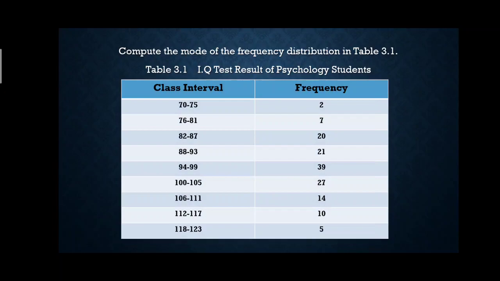The frequency of the class interval preceding is 21, so 39 minus 21 is equal to 18. That is our Fm sub 1. Our Fm sub 2 is 39, the frequency of the modal class, minus the frequency of the class interval following. So 39 minus 27 is 12. So that is our Fm sub 2.